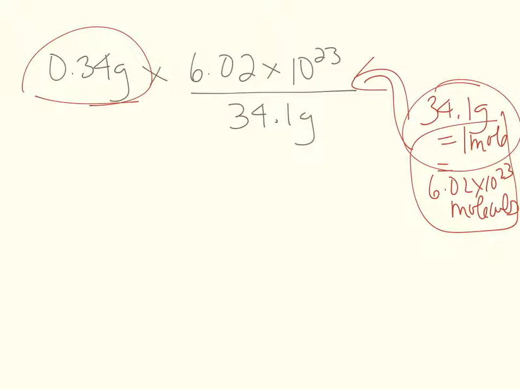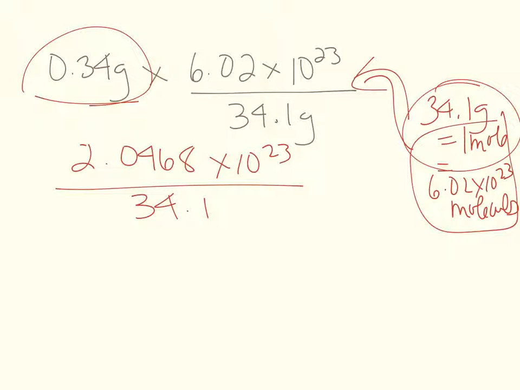When we multiply 0.34 by Avogadro's number, we get 2.0468 times 10 to the 23. We're going to divide that by 34.1, and we actually get about 6.0 times 10 to the 21 molecules.